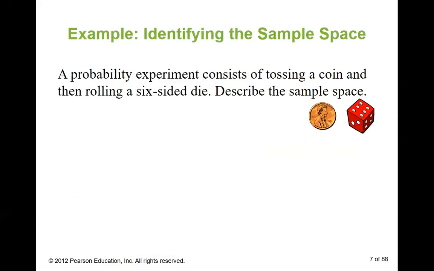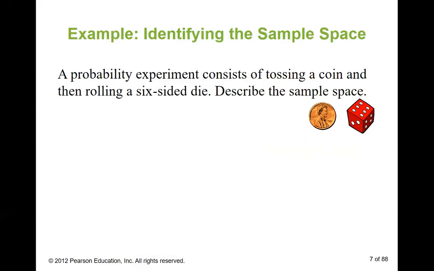And when I toss that coin, does it have any bearing on what happens when I roll the die? No. So if I toss the coin, I had 2 possible ways that it could end up. I'm either going to get heads or I'm going to get tails.